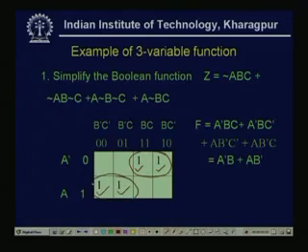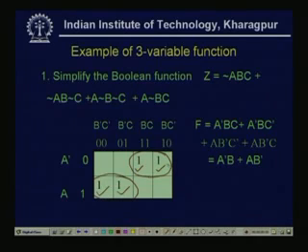Now, let us see how the first couple reduces. For the first couple the row represents the literal a complement, meaning a dash, and the 2 columns are b c and b c bar. See, c and c bar, complemented as well as uncomplemented, exist, but b is fixed. So, the term will be a bar b.